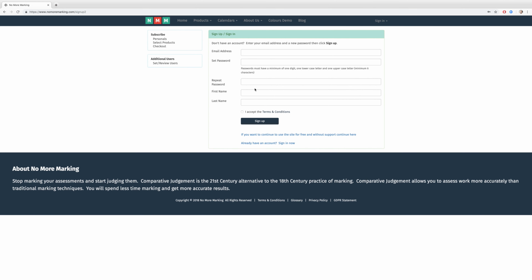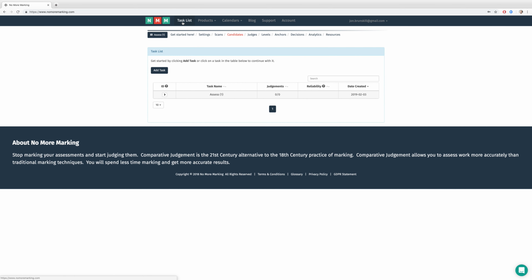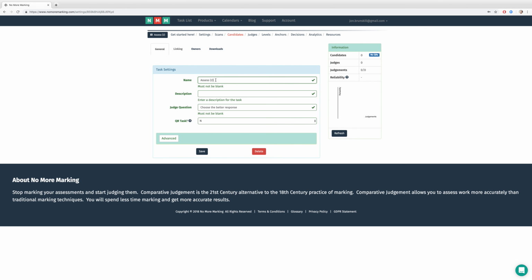And then once you're signed in, you need to go to task list at the top and set up a new task for this essay task. So you go to task list and you're going to click add task, and then we might call this Shang Dynasty essay. The judge question can remain choose a better response.